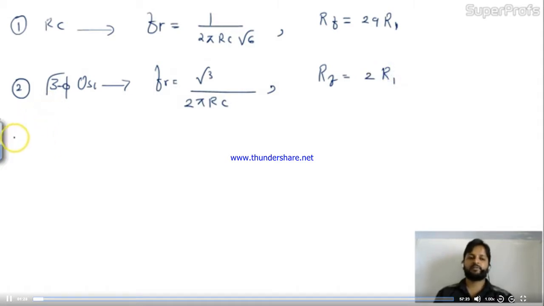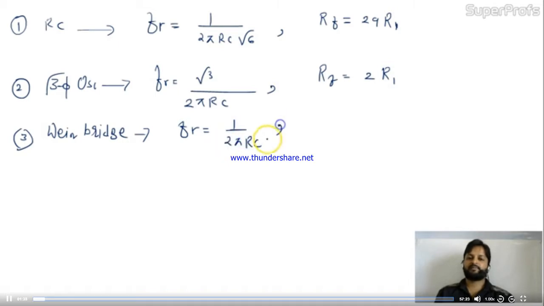Now let's come to the Wien bridge. In the Wien bridge, the frequency of oscillation was very simple, 1 over 2 pi RC, and the relation between resistors is RF is 2 R1. Okay friends. So we have seen one question based on Wien bridge.